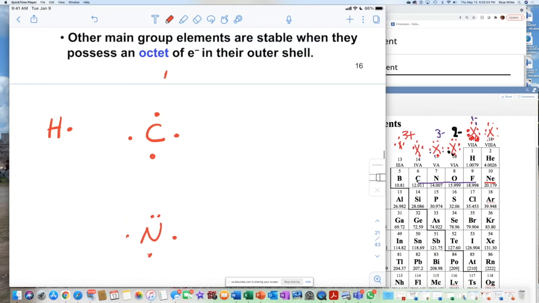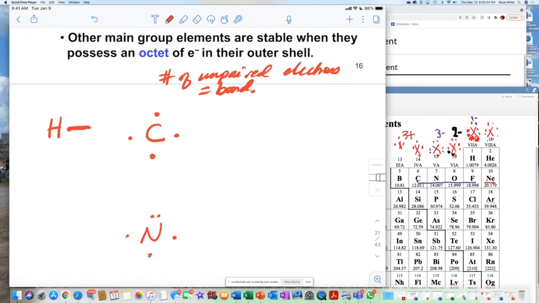So remember, number of unpaired electrons equals number of bonds. And that's for covalent bonds, and in some cases ionic bonds too. Okay, so we expect that the normal bonding pattern for hydrogen will be just one bond.